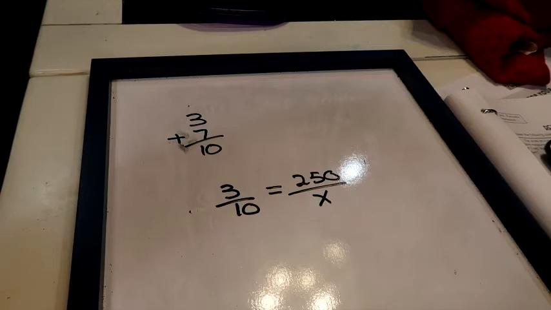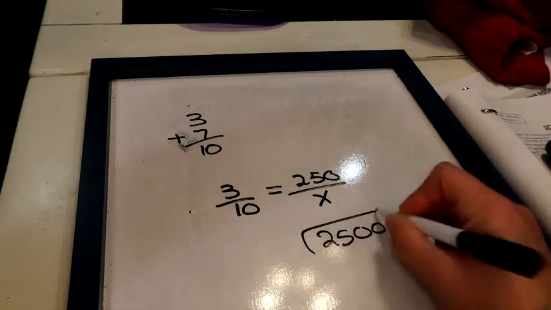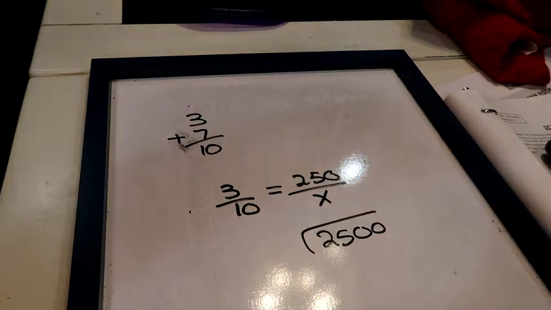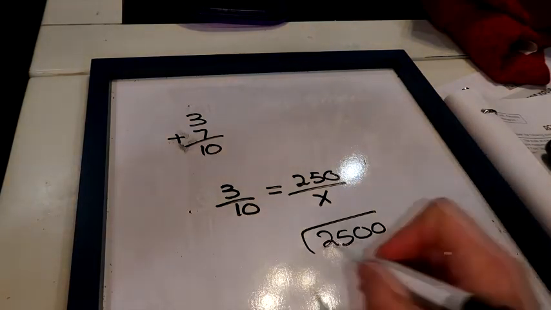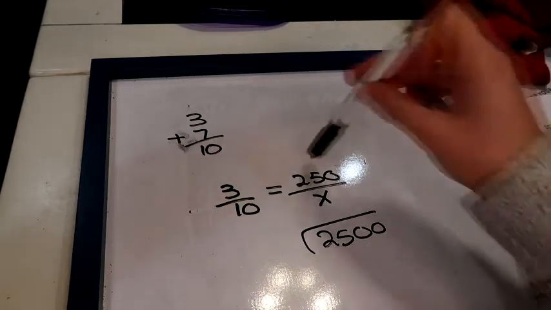250 multiplied by 10 gives me 2,500. Now we need to divide that by 3. Oh, see, I made a mistake.